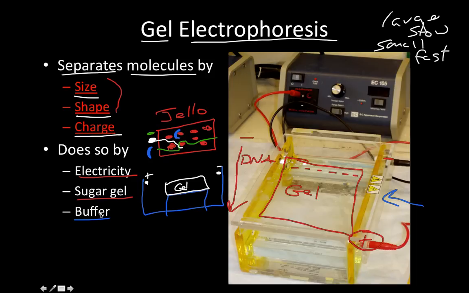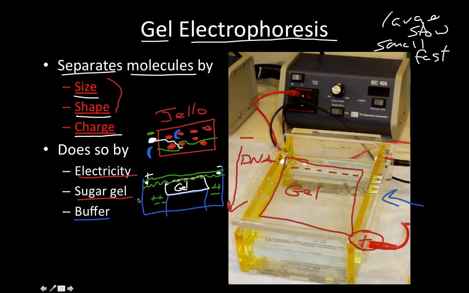So what we need to do is add a buffer. Our buffer is a liquid that has a whole bunch of positive and negatively charged ions in it, and this allows the electricity to flow through. Just like when you have a whole bunch of water with positive and negatively charged ions, and they always say, hey, if it's lightning outside, get out of the water. It's because water is going to conduct that electricity because of the positive and negative ions in it.